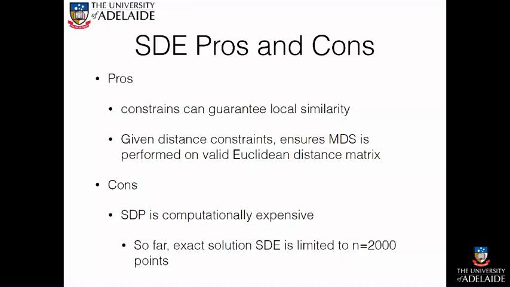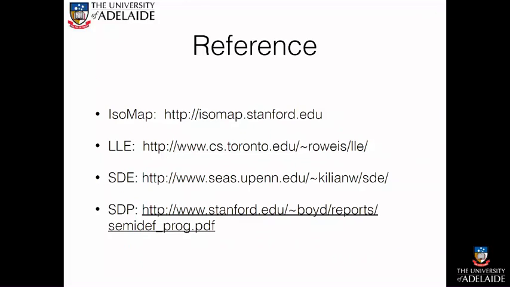Although it's polynomial time because the problem is convex, so we do have a polynomial time solver for SDP, the computation is very expensive. So it's limited to around 2,000 data points. But in terms of performance, SDE actually works best compared with the other nonlinear embedding methods.